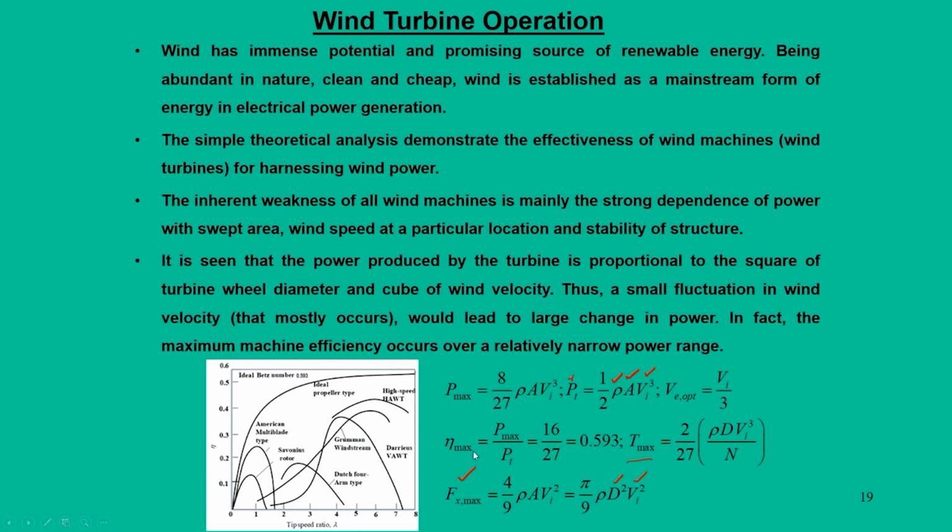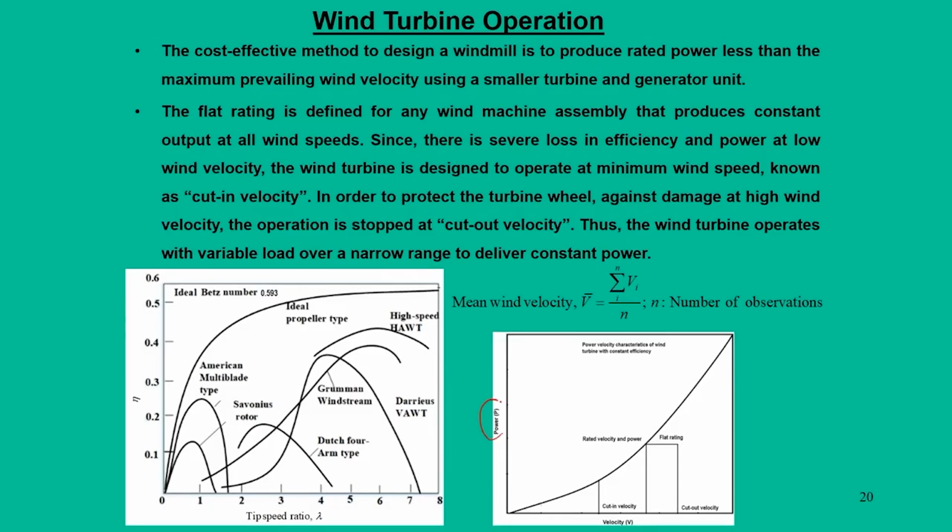So, for wind turbine operations we have a very narrow range of wind speed in which we should operate. That is the reason we normally plot this power and velocity characteristic curve.